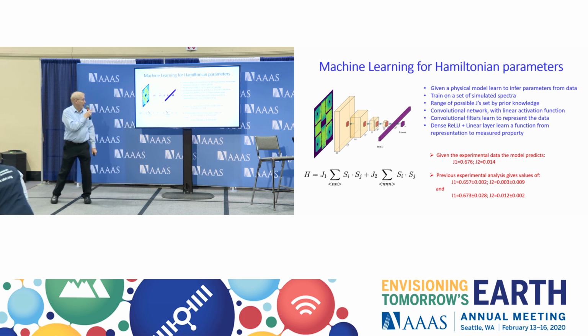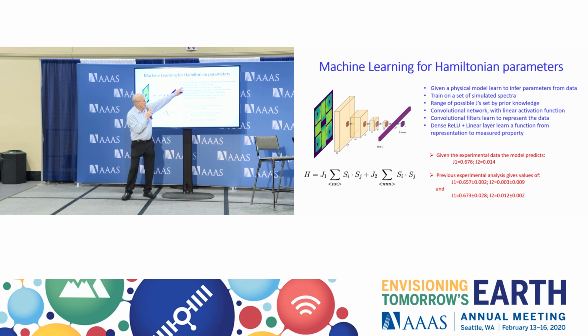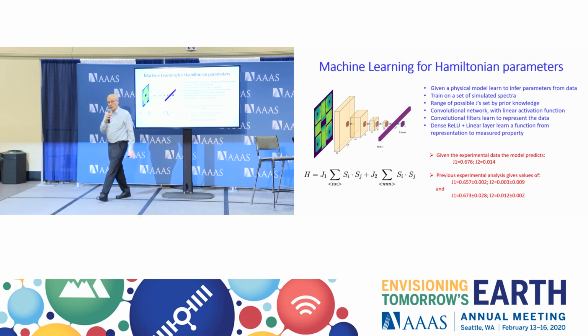And what you find is you can do that, and you can actually train the network using simulated data, and then you can actually do it on the real data and find the values of these parameters.